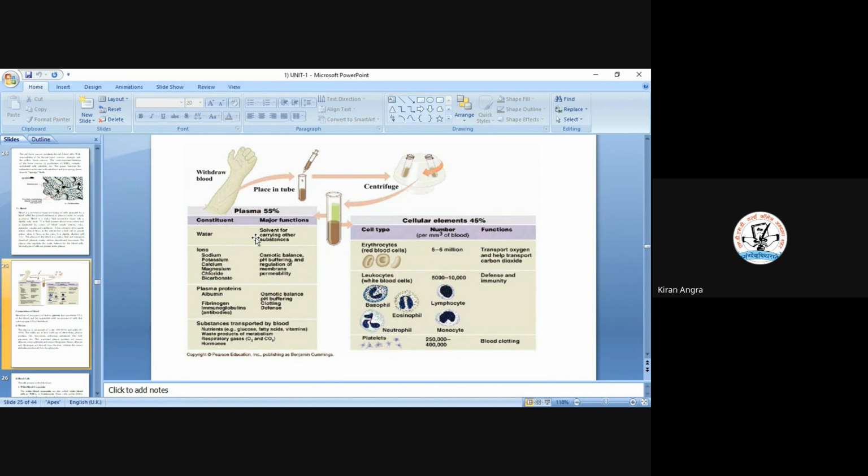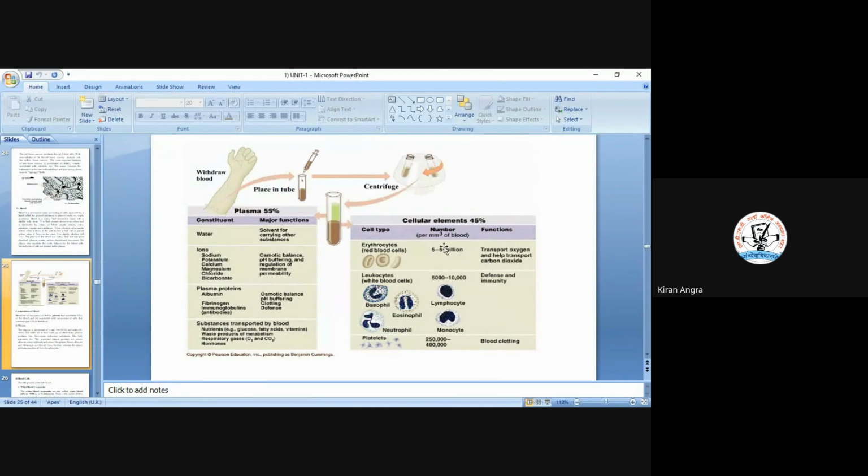The solids are electrolytes, plasma proteins, fats, hormones, coloring substances, and bile pigments. The important plasma proteins present are serum albumin, serum globulin, and serum fibrinogen. Serum albumin and fibrinogen are derived from the liver, whereas serum globulins are derived from lymphocytes.